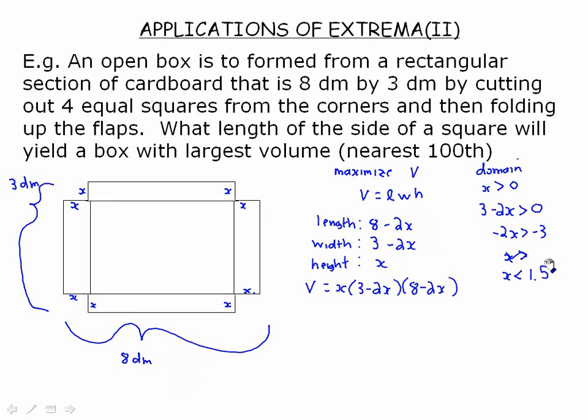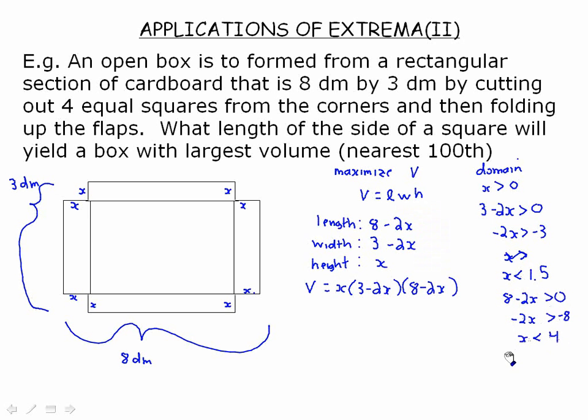If x is greater than 1.5, if you cut too much off, considering you've only got 3 decimeters for the width, it's impossible. For the length part, 8 minus 2x also has to be greater than 0, because you've got to have some height. So negative 2x is greater than negative 8, so x is less than 4.